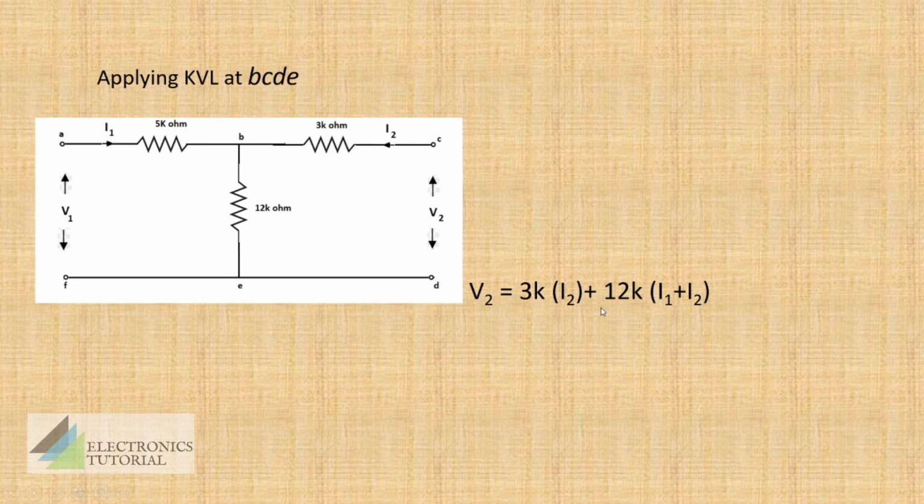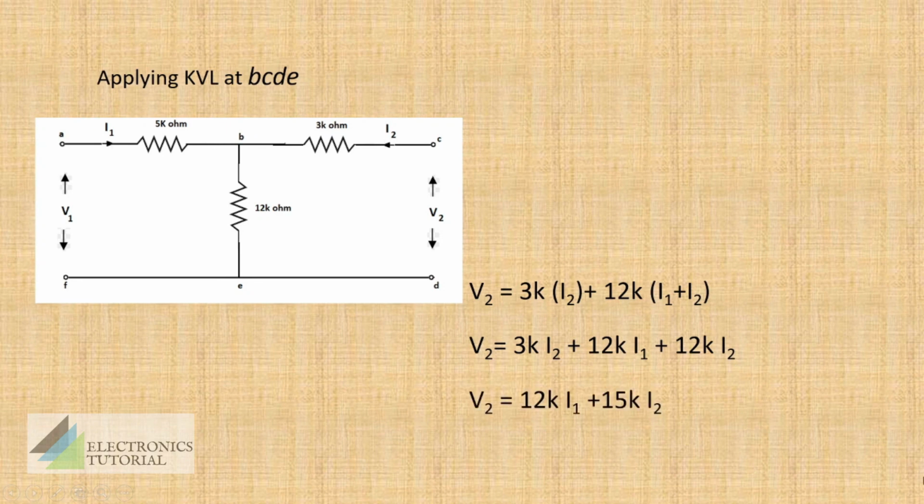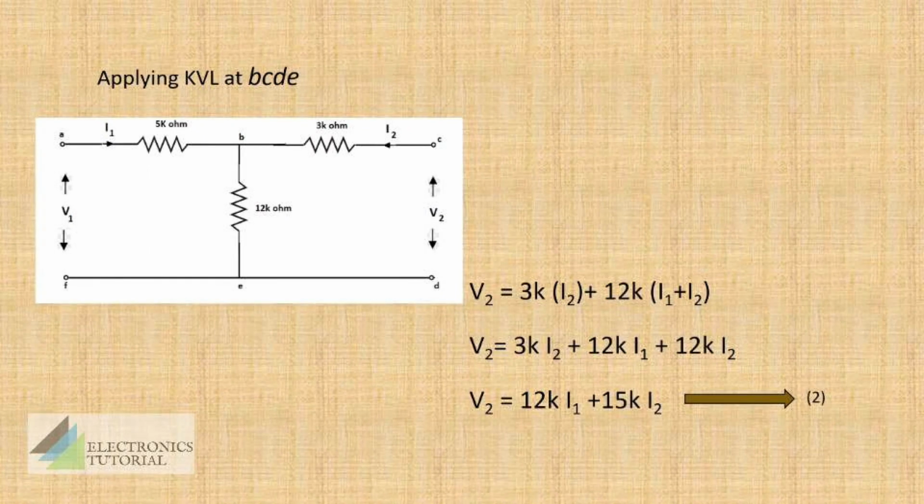We can simplify this in a similar manner. V2 is equal to 3K I2 plus 12K I1 plus 12K I2, and it gets simplified as V2 is equal to 12K I1 plus 15K I2. This will be our second equation.